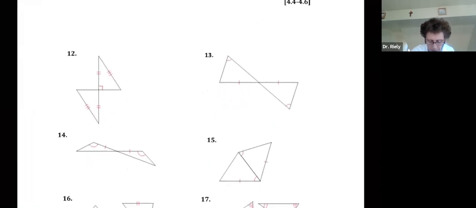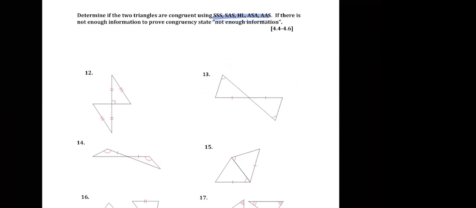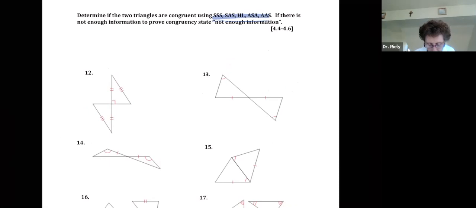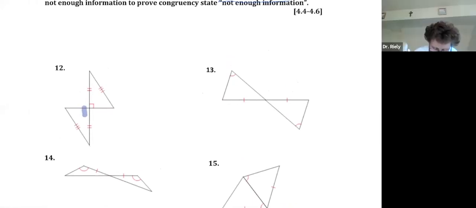Okay, so let's start looking at these. What do you think about 12? Gina, coming to you about 12. HL. Did you add any other angle? Oh yeah, the vertical one, right here.